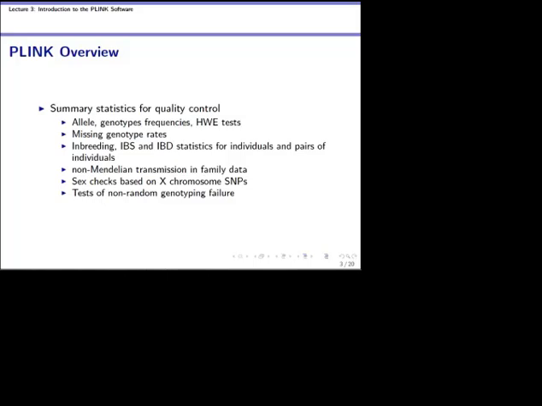If you want to calculate Hardy-Weinberg equilibrium at all of your SNPs and choose some type of threshold to determine which ones you're going to accept or reject or include in your analysis, you can easily do that. You might want to exclude individuals who have high missing genotypes. Maybe the sample was of bad quality. You can easily do that as well and calculate missing genotypes. If you're interested in estimating relatedness among individuals, they have statistics for that.